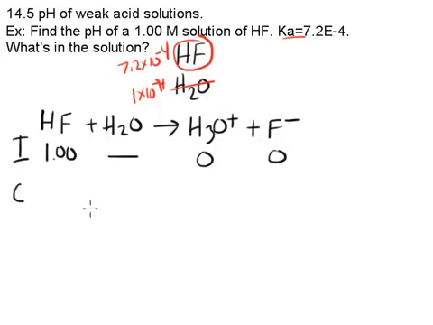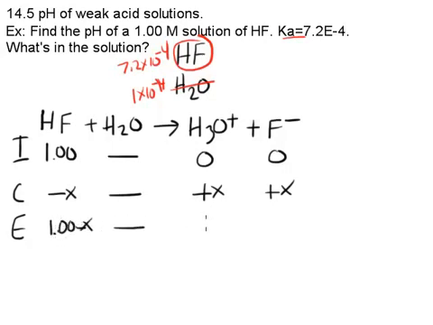So our change is going to be minus X, nothing for H2O, plus X and plus X. And our equilibrium is going to be 1 minus X, X, and X. And you'll notice that what we're trying to find in this problem is H3O plus concentration. It's just X. So if we find X, then we take the negative log of that, and we have our pH.